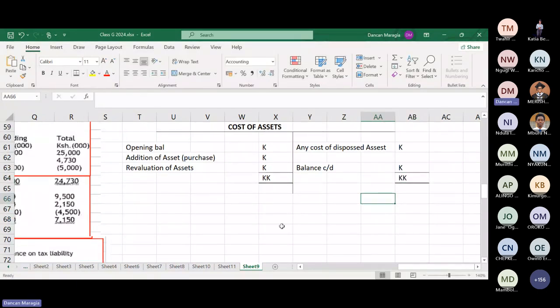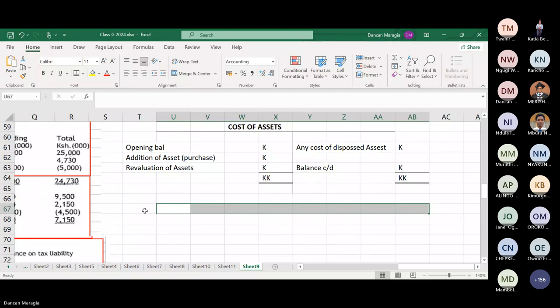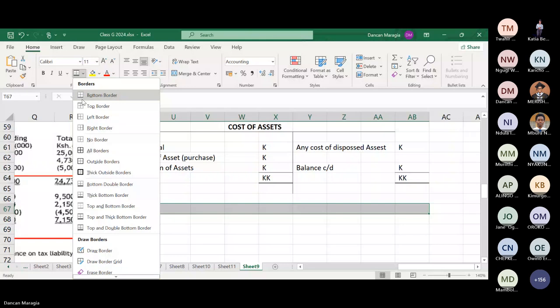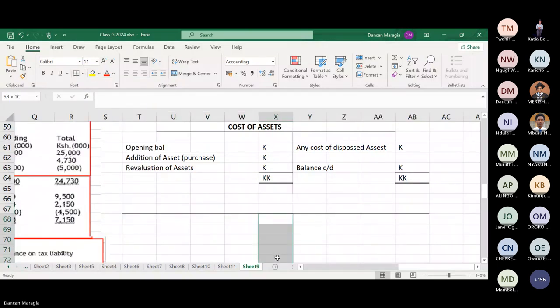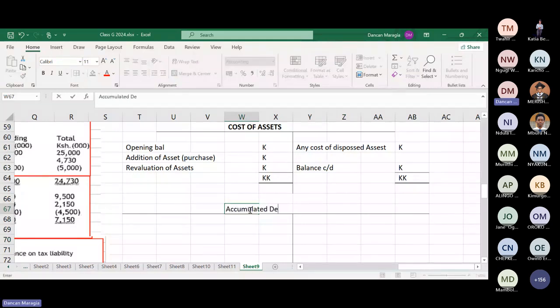Then the accumulated depreciation account of an asset, which is the provision for depreciation, will usually have the opening balance brought forward there.